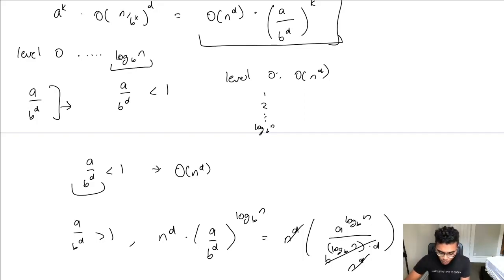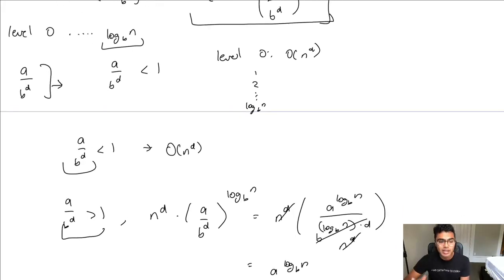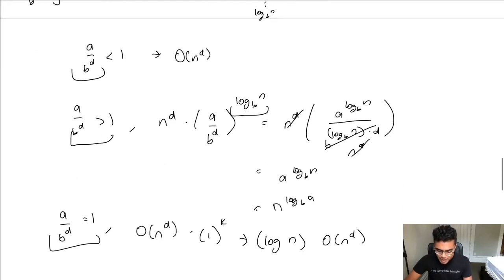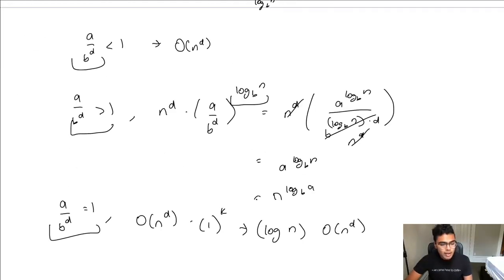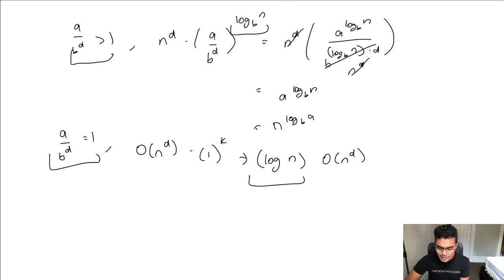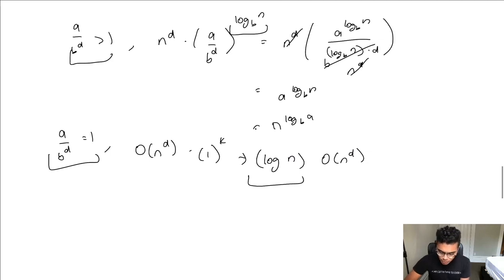If it's greater than 1, you're going to take the last term, or essentially the last level of work, which is again our kth level, or the maximum level, log b of n. And then last but not least, if the ratio is equal to 1, then all of your terms are equal and you have log n terms. And so the final answer here should be log n times O of n to the d, which is just equal to O of n to the d times log n. Fantastic.